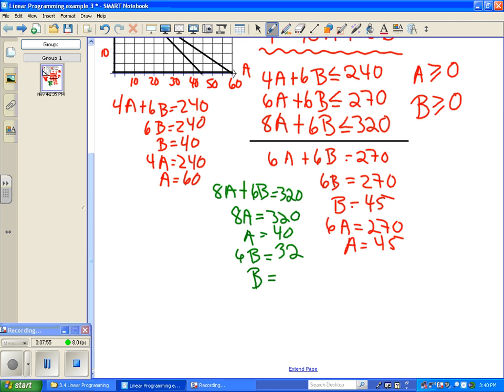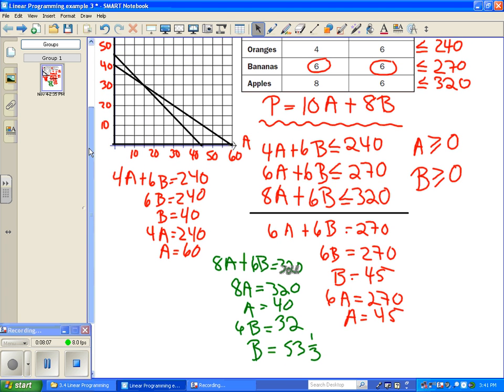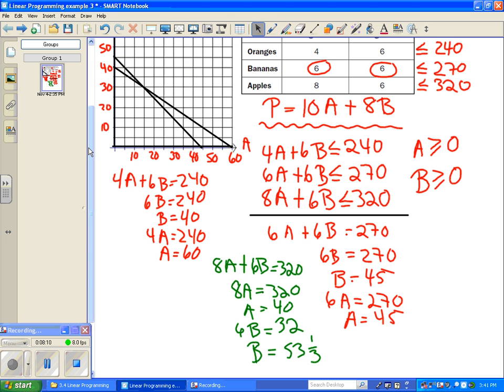It comes out to 53 and a third. So we're going to also plot this. For A, it's 40, and we're going up to 53 and a third, which is approximately there.